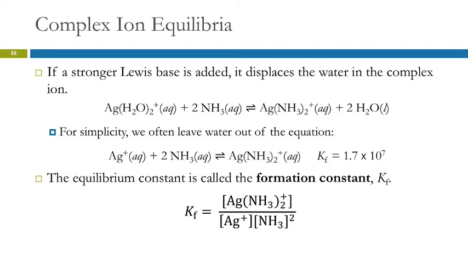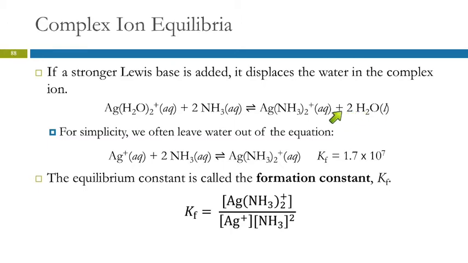Now, when we look at that, for simplicity, we usually leave water out of the equation, because if we calculate an equilibrium constant for this, the water isn't going to show up anyway because it's a liquid, right?